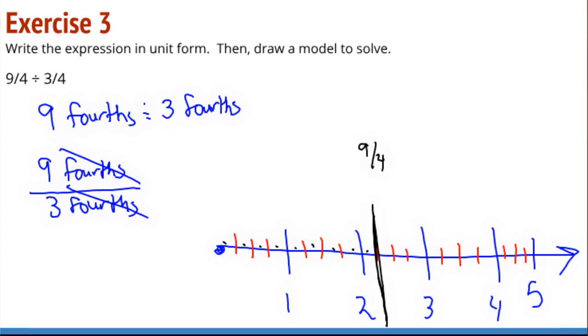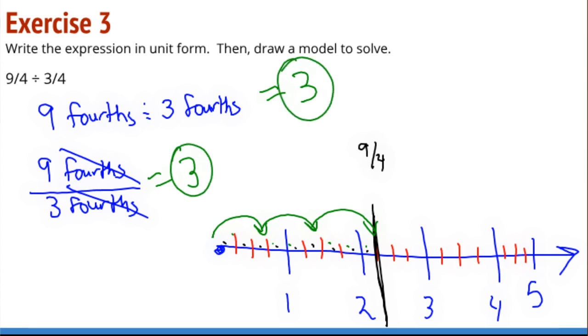And out of my 9/4, I need to be making groups of 3. So I'm going to count by 3s here. So 1, 2, 3. 1, 2, 3. 1, 2, 3. So I'm going to find out that I could make 3 whole groups, which matches over here.